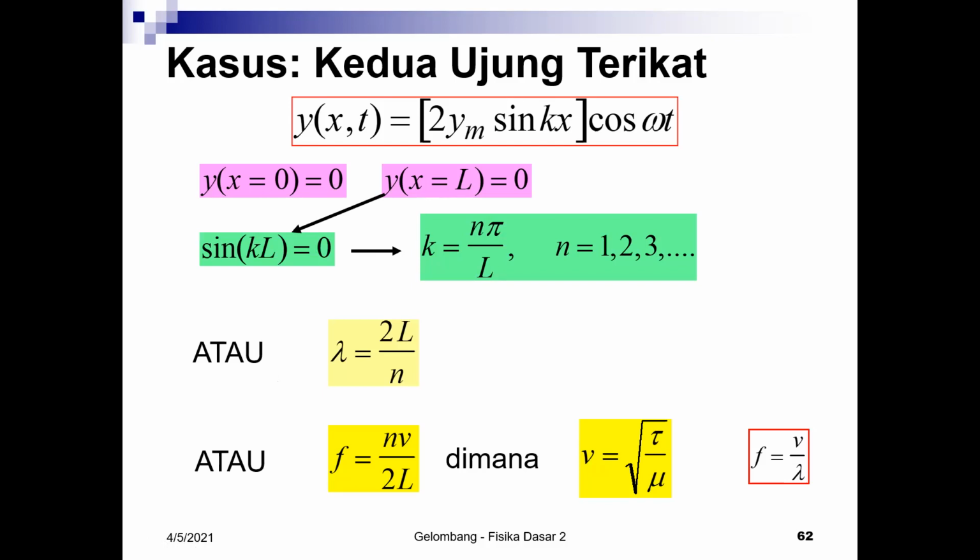So we get that k is n pi over L, where n is 1, 2, 3, and so on. So we get that lambda is 2L over n, or that f is nv over 2L, where v is the square root of the string tension.